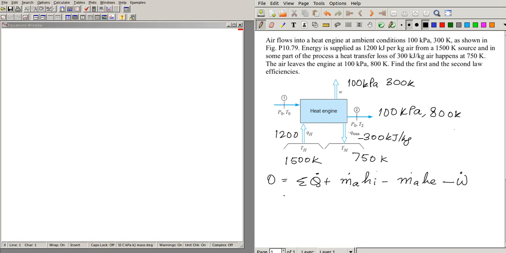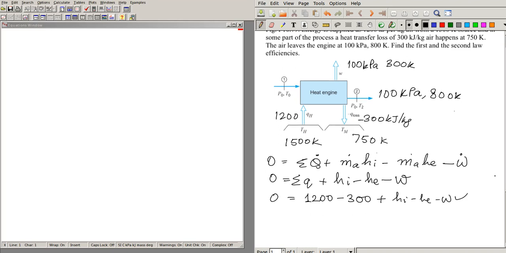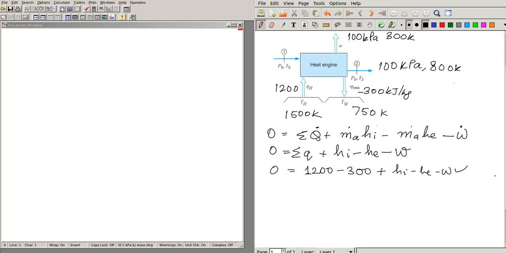If we divide by the mass of air, we have 0 equal to summation of q plus h_i minus h_e minus w. This is 0 equal to 1200 kilojoule per kg minus 300 kilojoule per kg plus h_i minus h_e minus w. So this will yield the work done during the process.